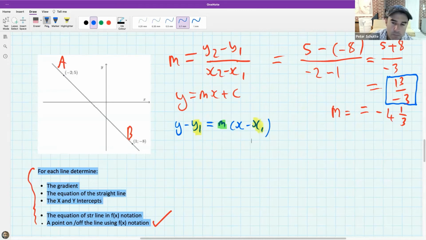So that would be method 2. Method 1 would be to write down y equals mx plus c, and then also have another point that we use along. Maybe I'll just do both for today, depending on time, see how much time I've got.